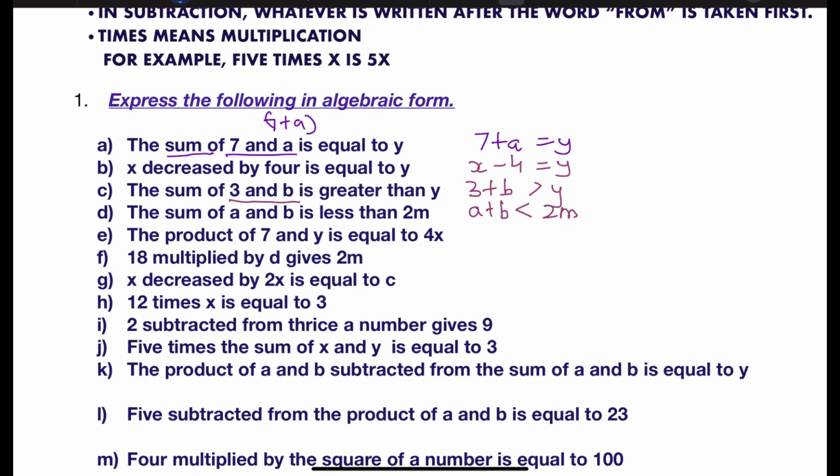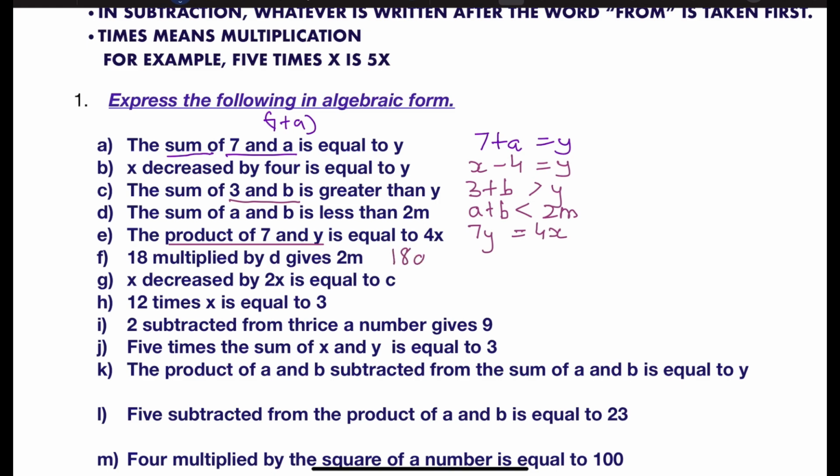The next one. The product of 7 and y is equal to 4x. Do you remember how to write it? 7y is equal to 4x. The next one, F. 18 multiplied by d gives 2m.